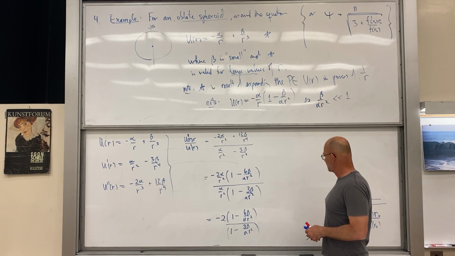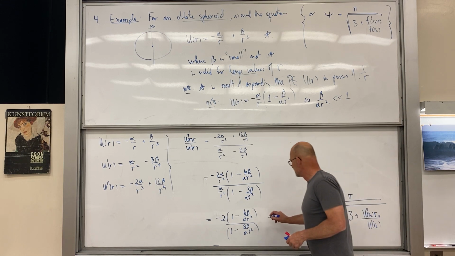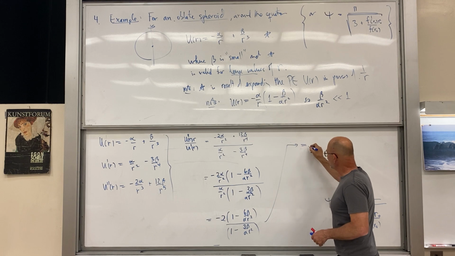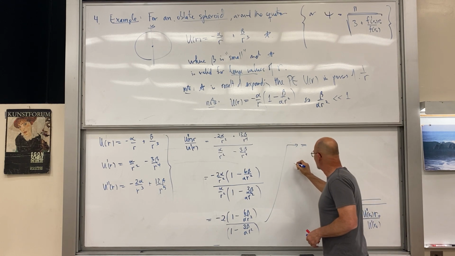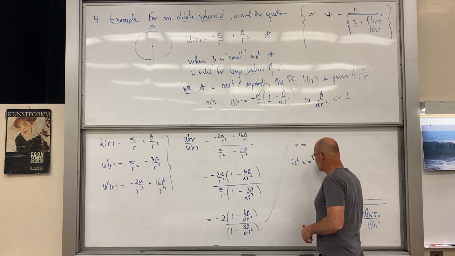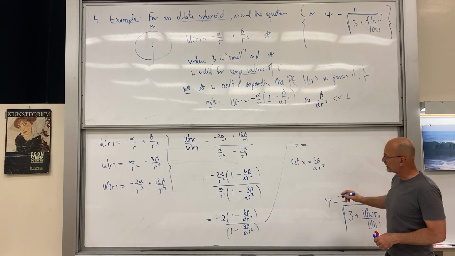We're going to let x be equal to 3 beta over alpha r squared to keep things a little more simple.